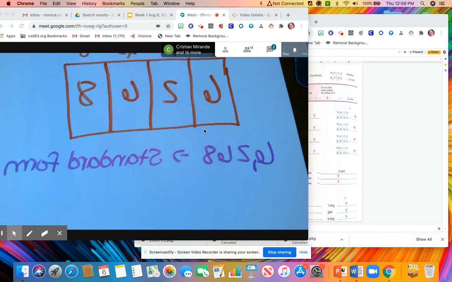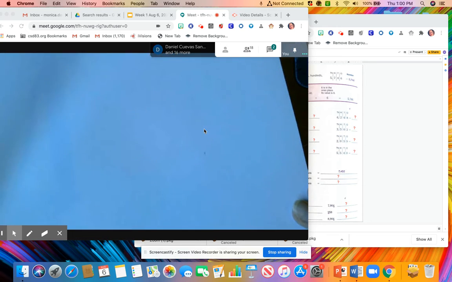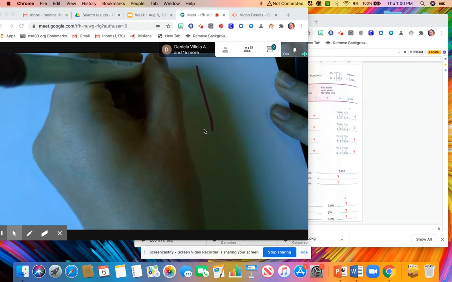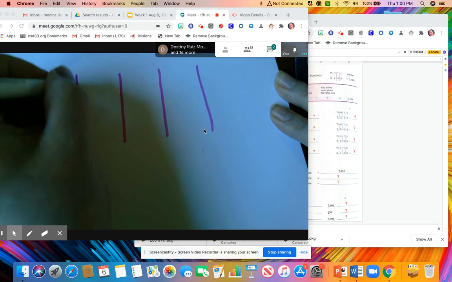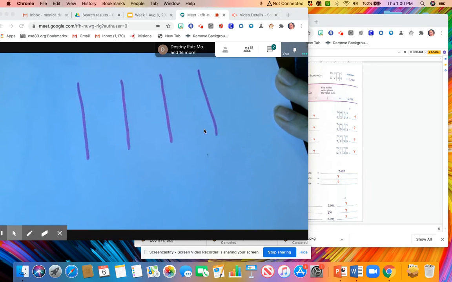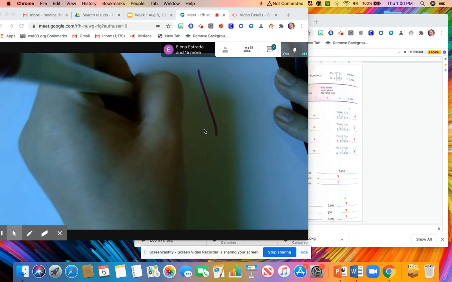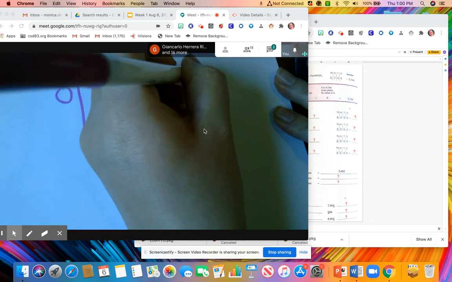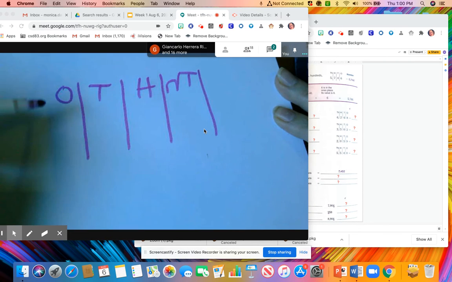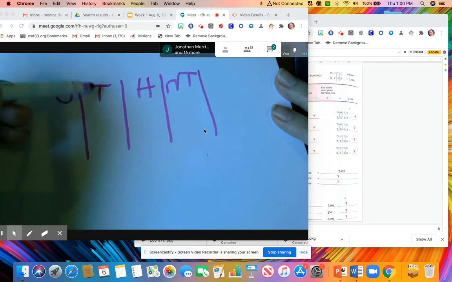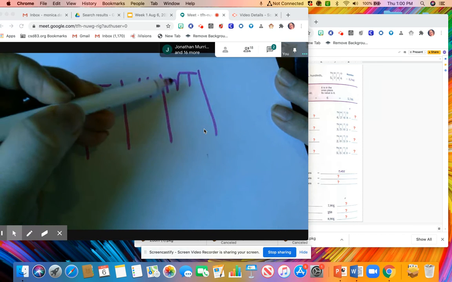No. Okay. So on the worksheet that I put in for today's assignment, they have their place value chart that looks like this. And I just want to show you so you don't get confused. They've got some lines on there. And then here they have an O, and then they have a T, and then they have an H, and then they have a TH. This just stands for ones, tens, hundreds, thousands.